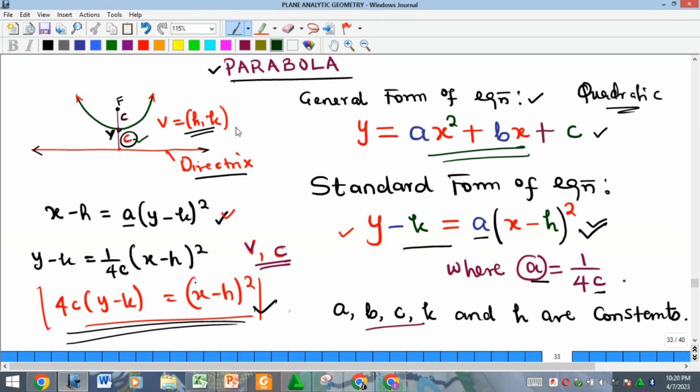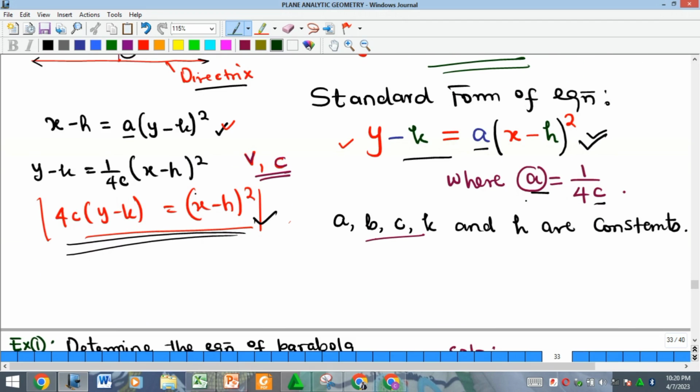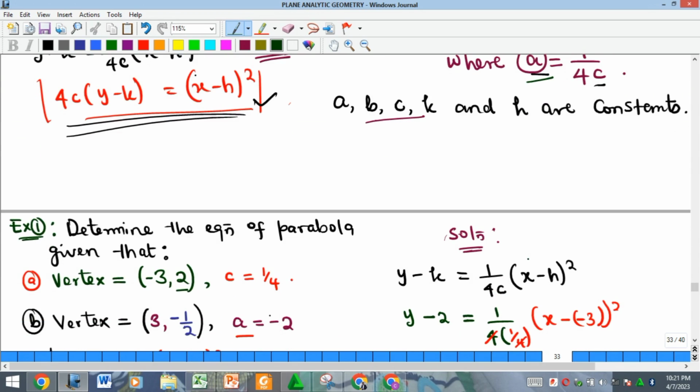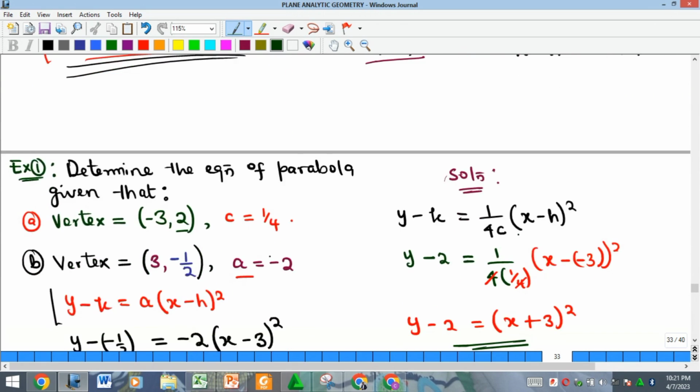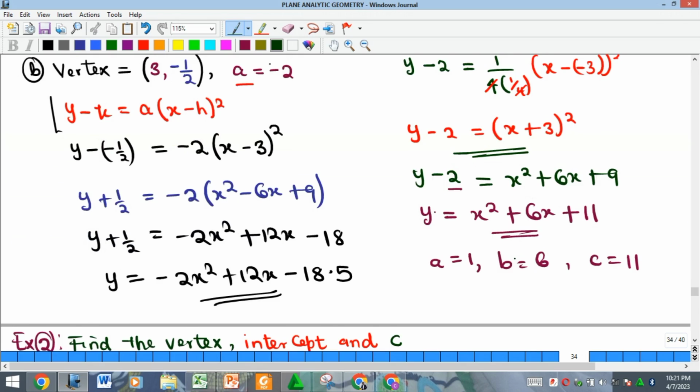We said that the coordinate of the vertex is h comma k, and that a is equal to 1 all over 4c, where a, b, c, k, and h are all constants. Then we have some examples on how to find the equation of a parabola, given some information such as the vertex and your c, and other things.